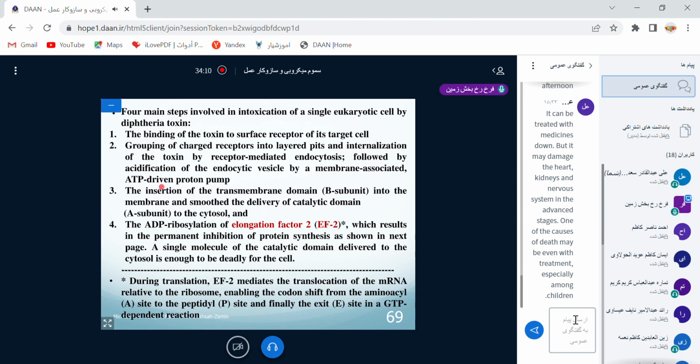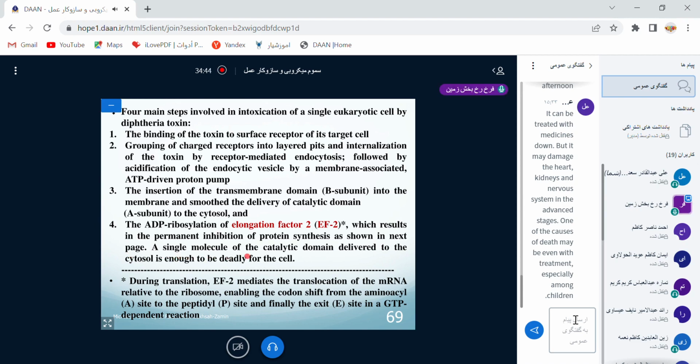3. The insertion of the transmembrane domain of the B subunit and delivery of the A subunit to the cytosol, and the ADP ribosylation of elongation factor 2 or EF2, which results in the permanent inhibition of protein synthesis as shown in the next page.